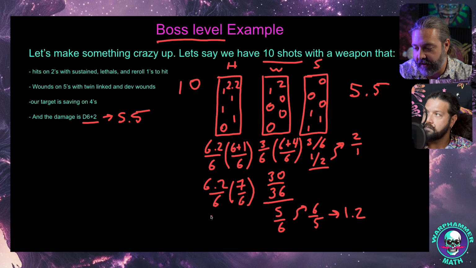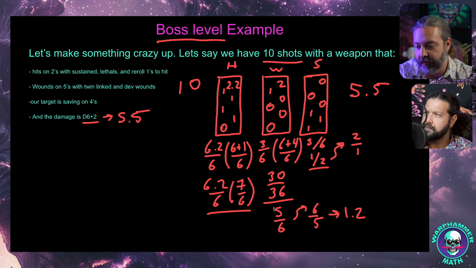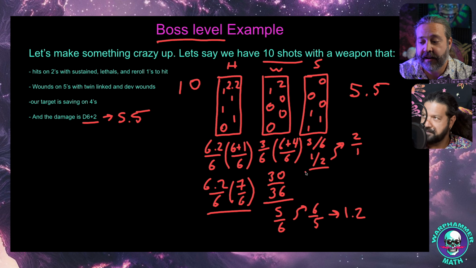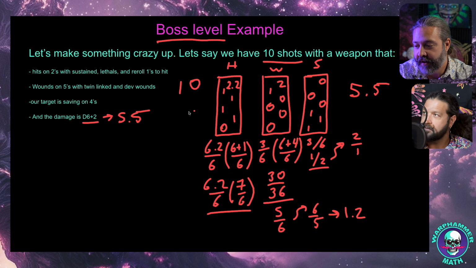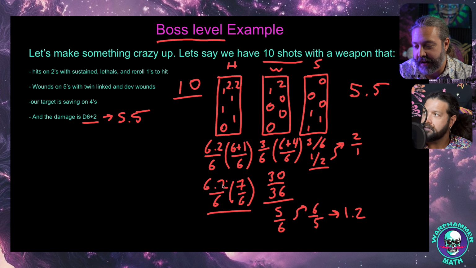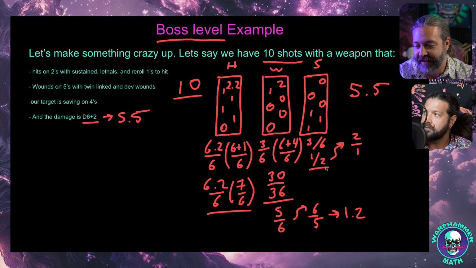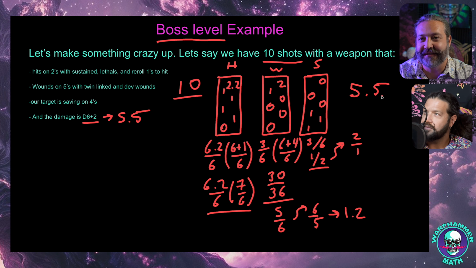And again, you could take the time to multiply that out individually if you wanted to, but there's not really a reason to. So to get the total damage output, it's just 10 times this mean thing times that mean thing times 1/2 times 5.5.